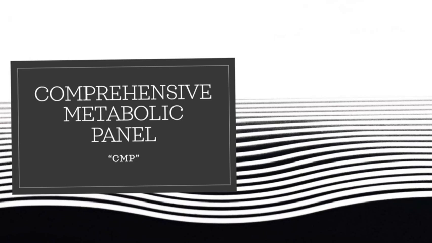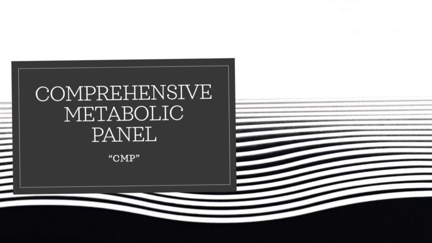management. On the flip side, hypernatremia, or elevated sodium, indicates a decrease in total body water relative to sodium content. This can arise from impaired thirst mechanisms, limited access to fluids, and dehydration. Increased sodium intake, usually dietary, also contributes to hypernatremia.